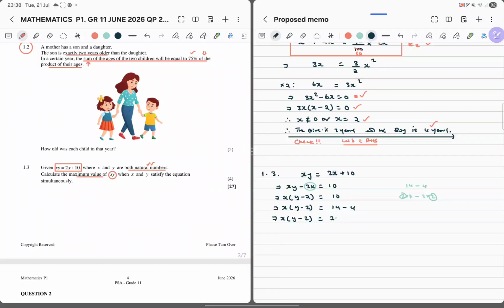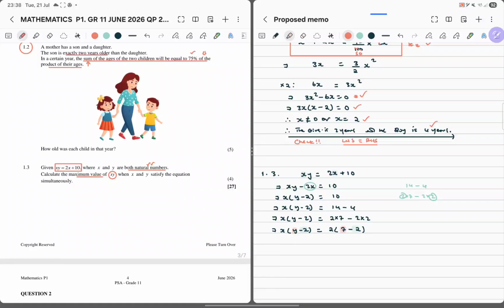Say this is 2 times 7 minus, this is 2 times 2. We factorize that, so x into y minus 2 equals 2 into 7 minus 2. Now we can already see that we have something similar here. y can be any number, obviously, as long as it is an integer.